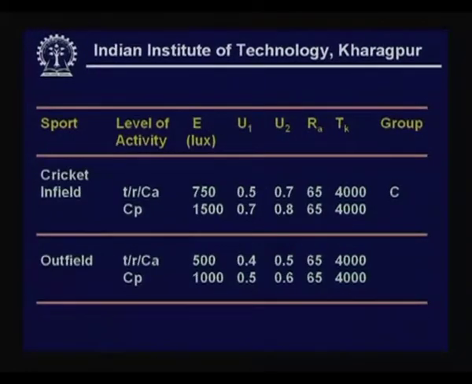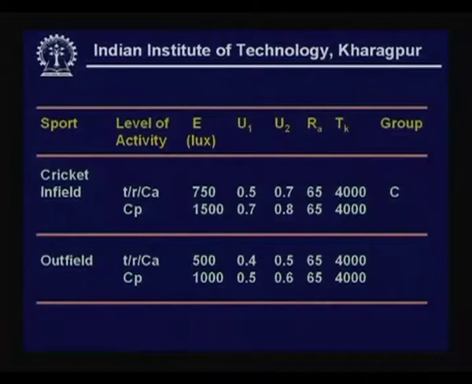Going further, we go to the group C game. As I said, group A is a slow game, group B is faster, and group C is really fast. We have here cricket, which is divided from the requirement of the illumination levels into two areas, that is the infield, the main zone, and the outfield, the exterior.